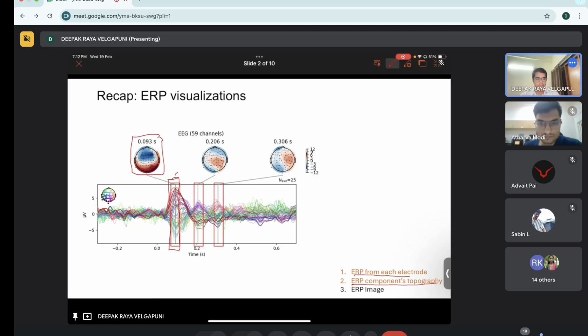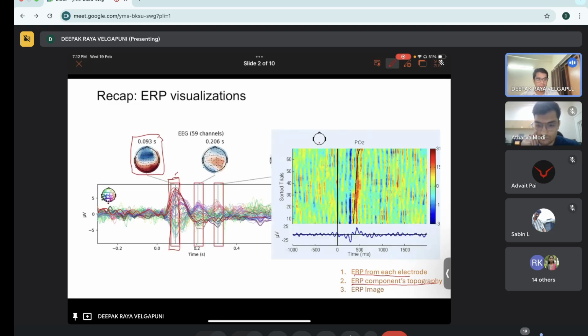So this is another form of visualization, and one thing that we didn't deal with in the last class is called the ERP image. So instead of plotting the average across trials, you can plot the time course of every trial for a given electrode, for example, and you can stack it like an image. So here you see, right?